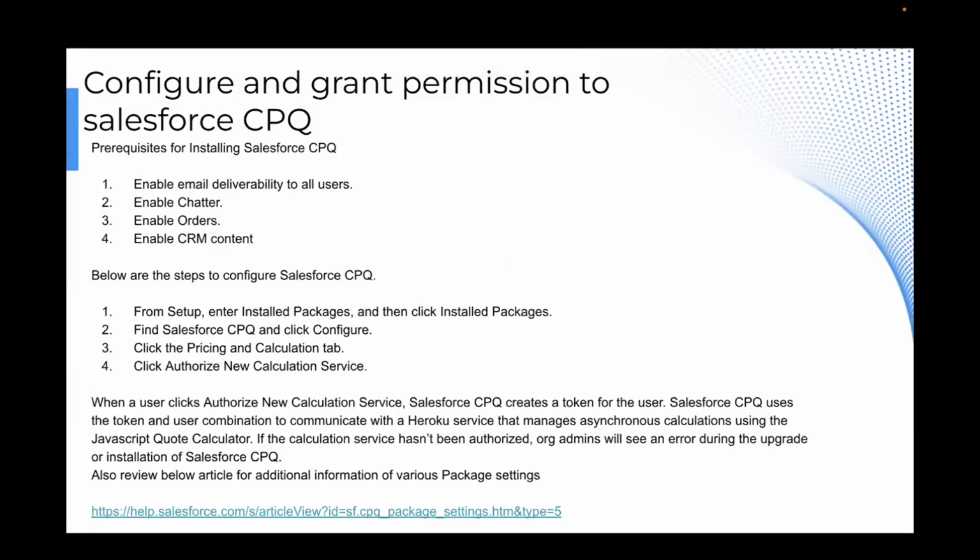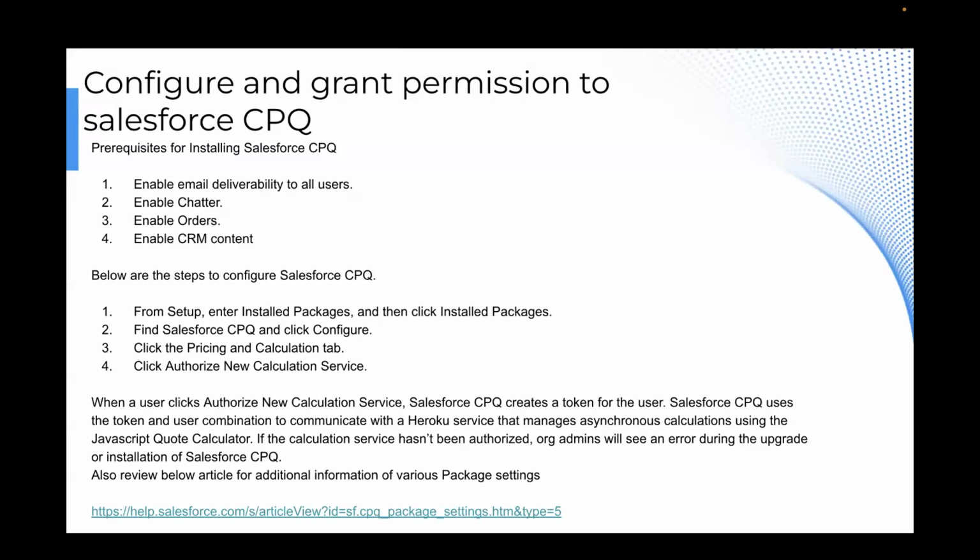Now we all know there are some governor limits when it comes to Apex. There are SQL limits, there are transaction limits, and there is a timeout limit as well. If a transaction is not committed within 10 seconds, there would be an error. So if there is a large quote, like a customer wants more than 100 or 200 products, we are going to add all those products in our quote.